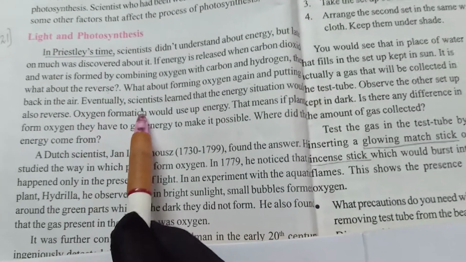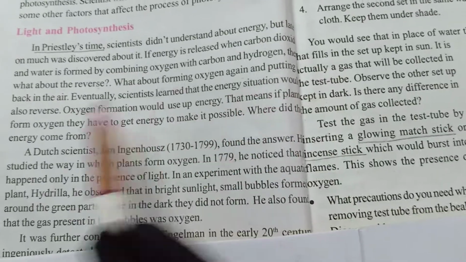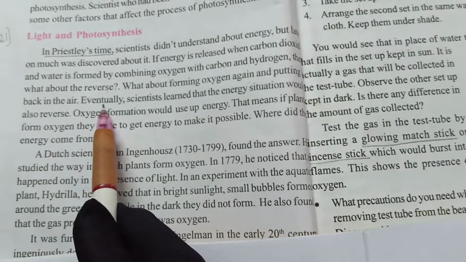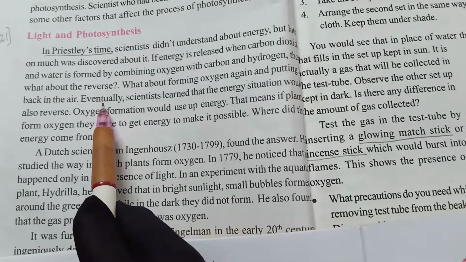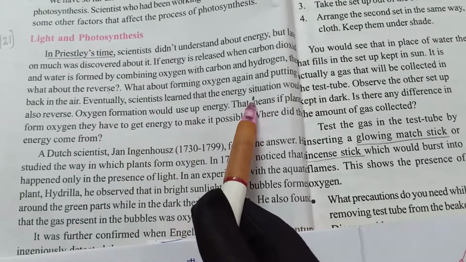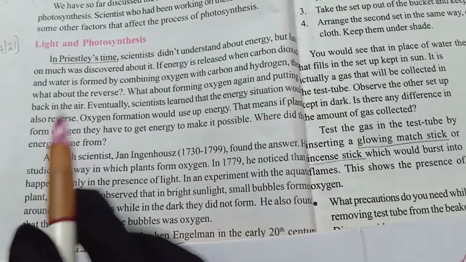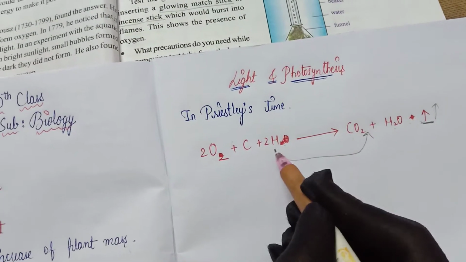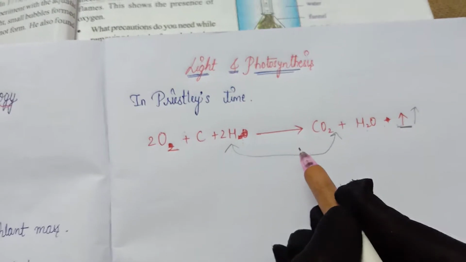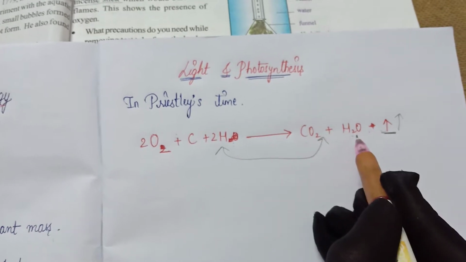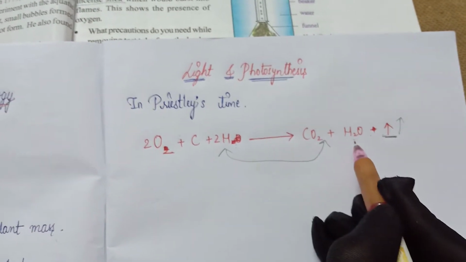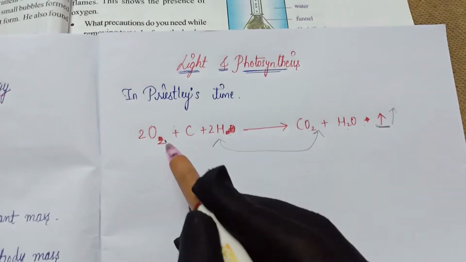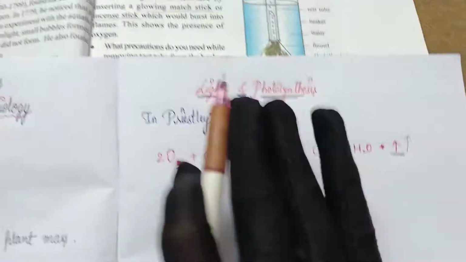Eventually, scientists learned that the energy situation would also be reversed. This is the formation of carbon dioxide and water, right? In the reverse process, oxygen is formed.